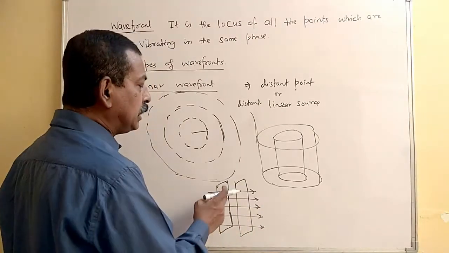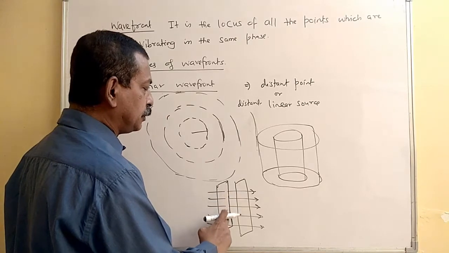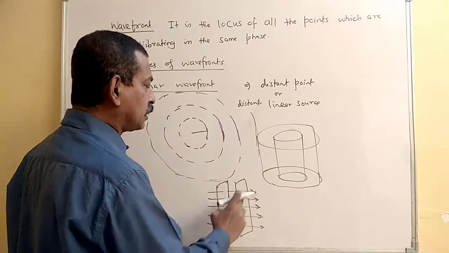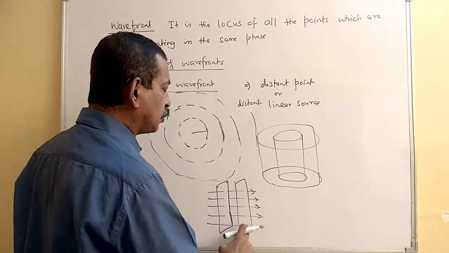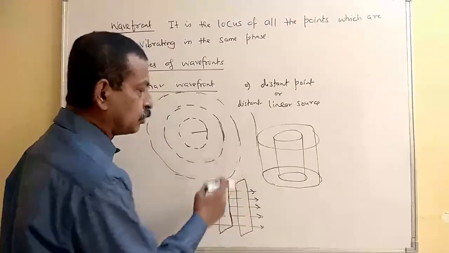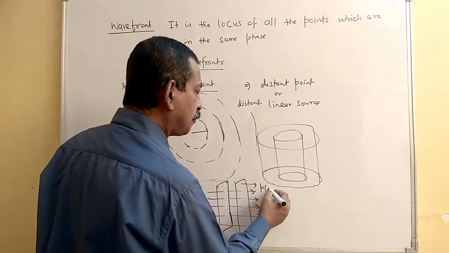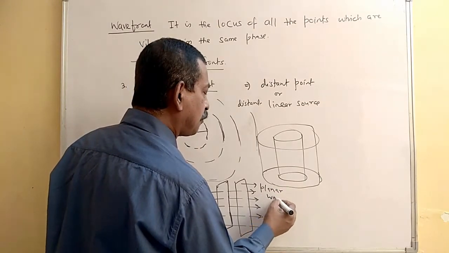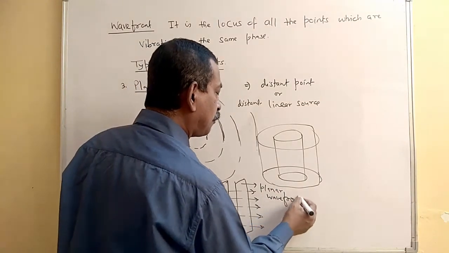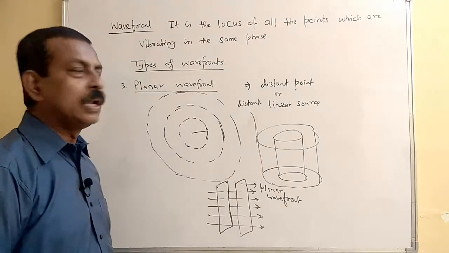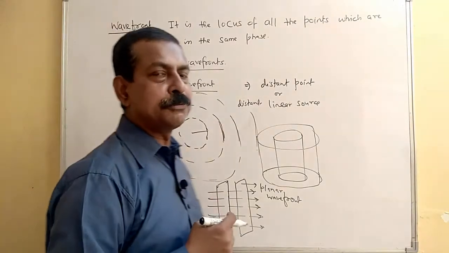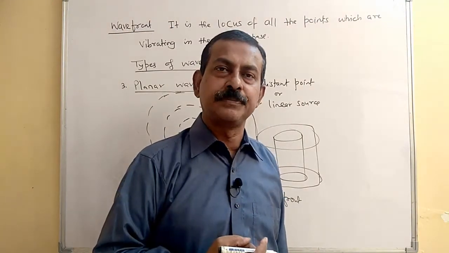So these will be like the planar wavefront. You can represent it like this, as if it is going perpendicular to its surface. So these are the planar wavefront. So these are the three types of wavefront which we come across.